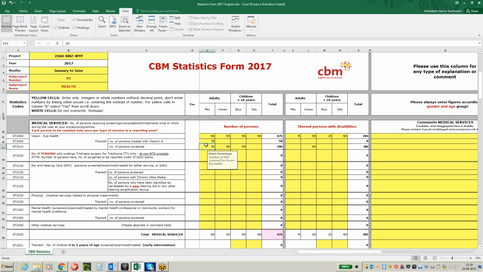That's the logic. So this one and this one are a part of the 100. You cannot say I have distributed vitamin A to 250 people, but the persons reached on top, you give only 100. Then you see a red mark there. You get my point?